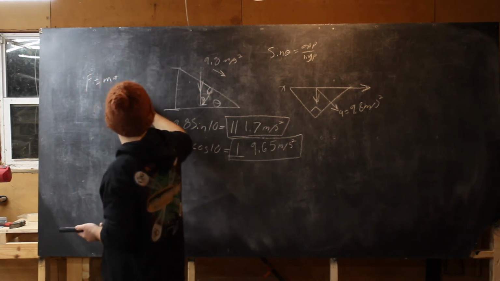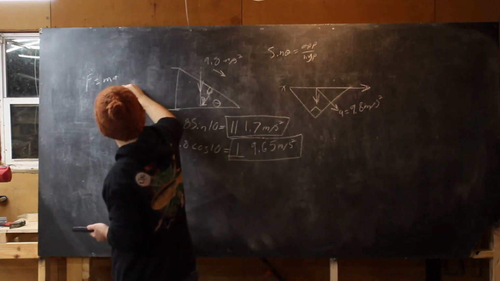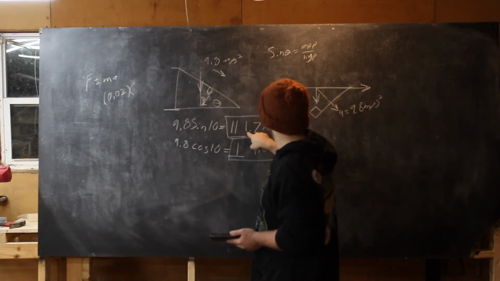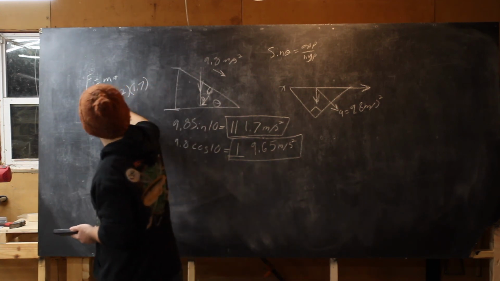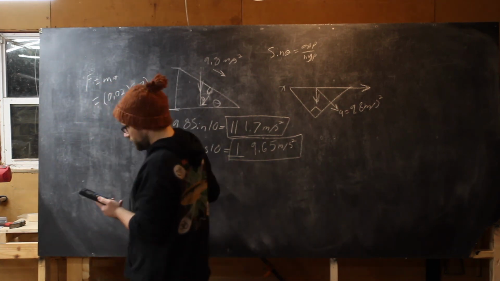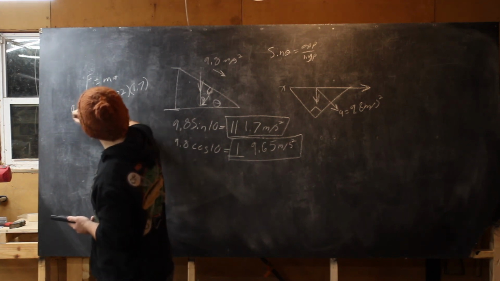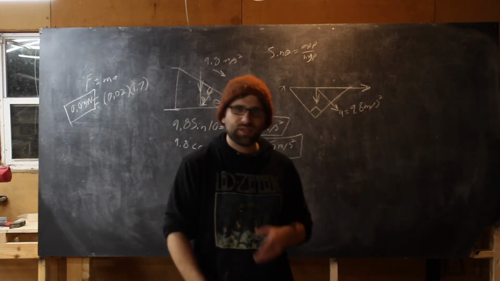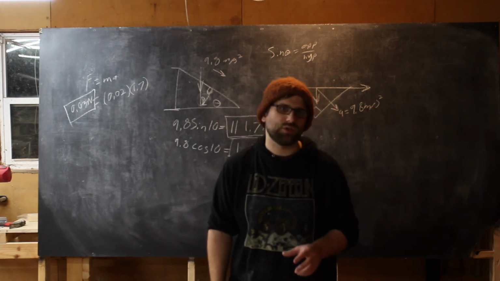So, force is going to be mass, which is our 0.02, times our acceleration parallel, which is 1.7. That's going to equal 0.03. So 0.03 newtons. And there we go. Let's take a look at the next one, where we're actually going to start applying these forces a little more specifically.